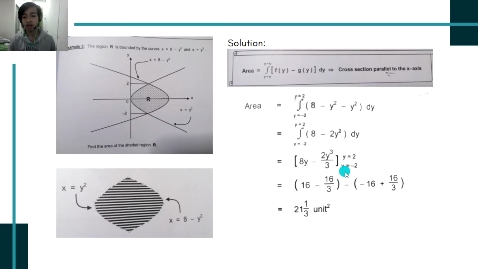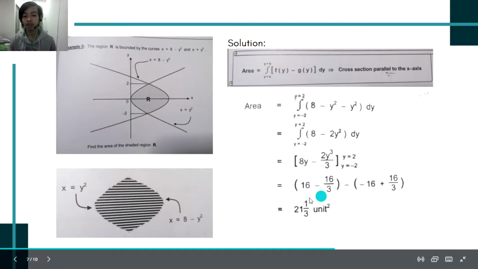Minus, we substitute in our lower limit, 8 times negative 2, we'll get negative 16 plus 2 times negative 2 to the power of 3 over 3, we'll get 16 over 3. So we sum this up and we will get our final answer, which is 21 1/3 units squared.